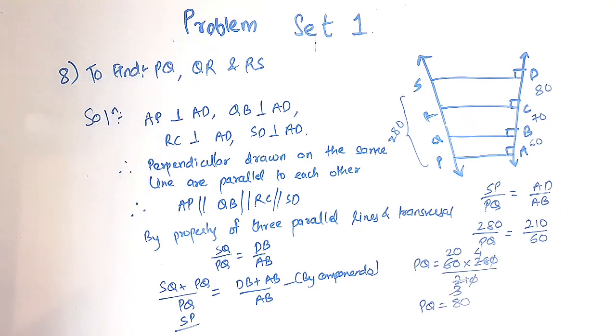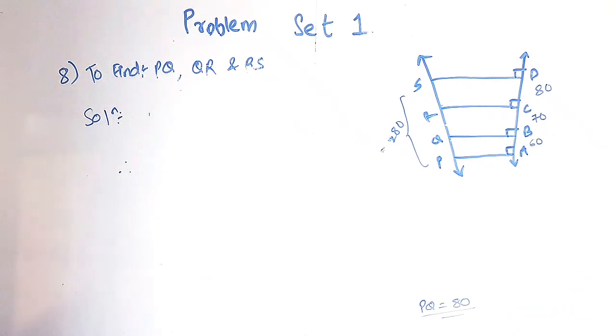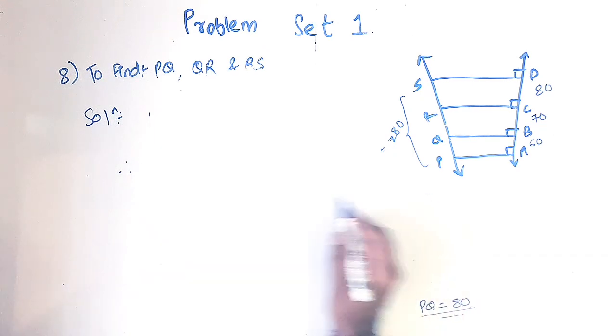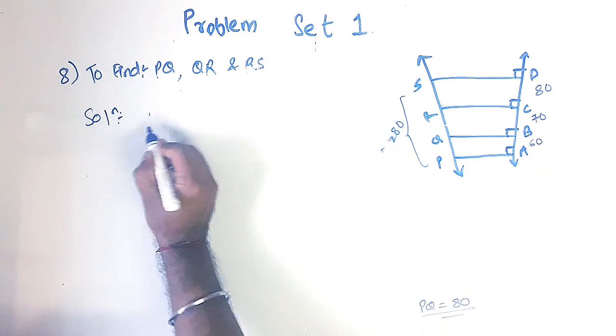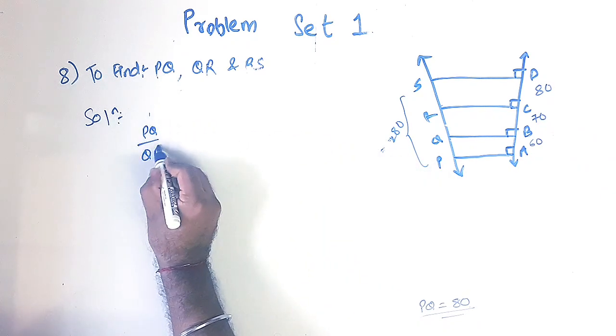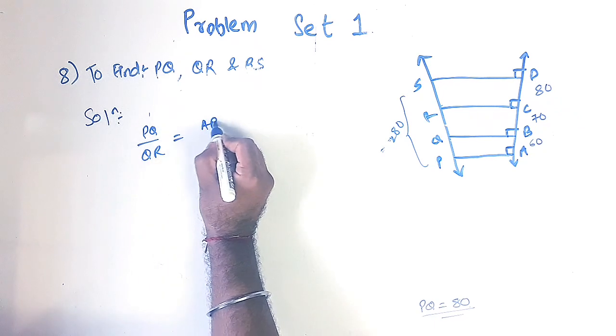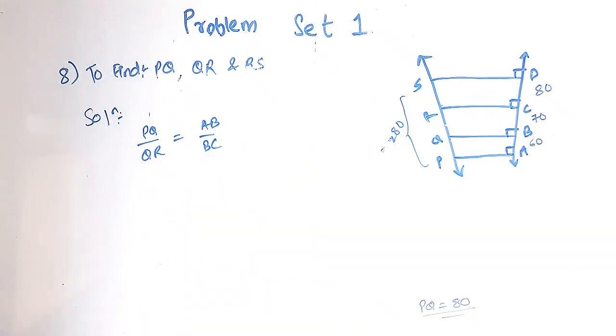So we'll come on to the second intercept. So here we can take, say, PQ upon QR equals AB upon BC, because these lines are parallel.